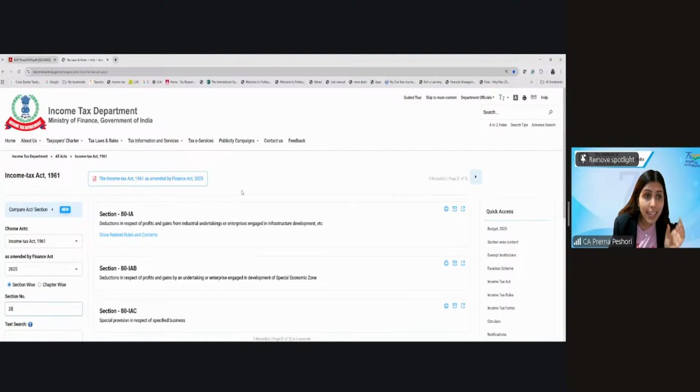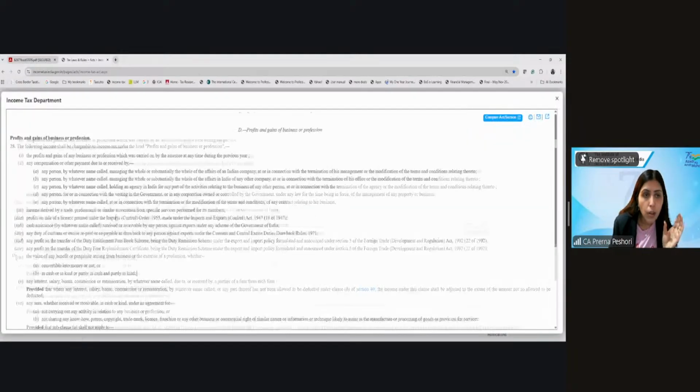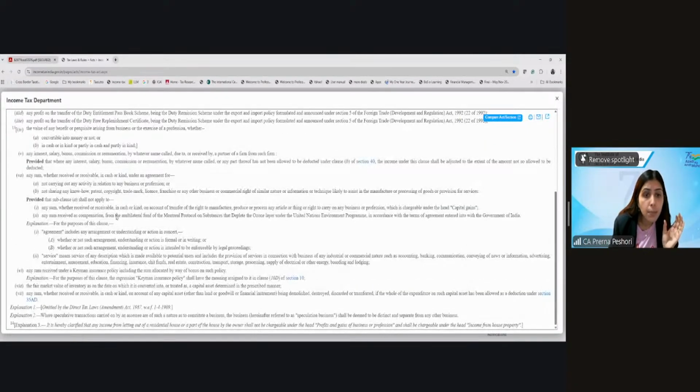There was a specific explanation which clearly provided that the income from the letting out of the residential house property will not be chargeable under the business income. So it is hereby clarified, income from letting out of the residential house shall not be chargeable under the PGBP but under the IFHP. But this is only in respect of the residential house property.